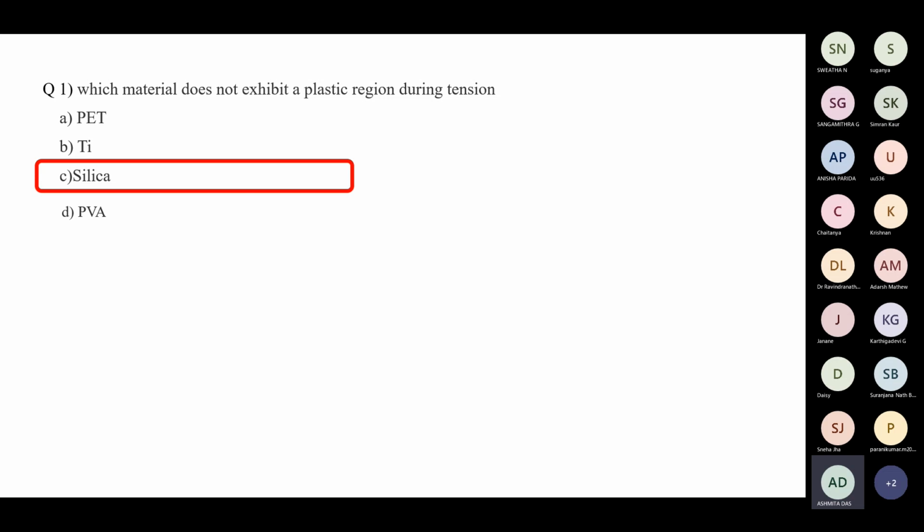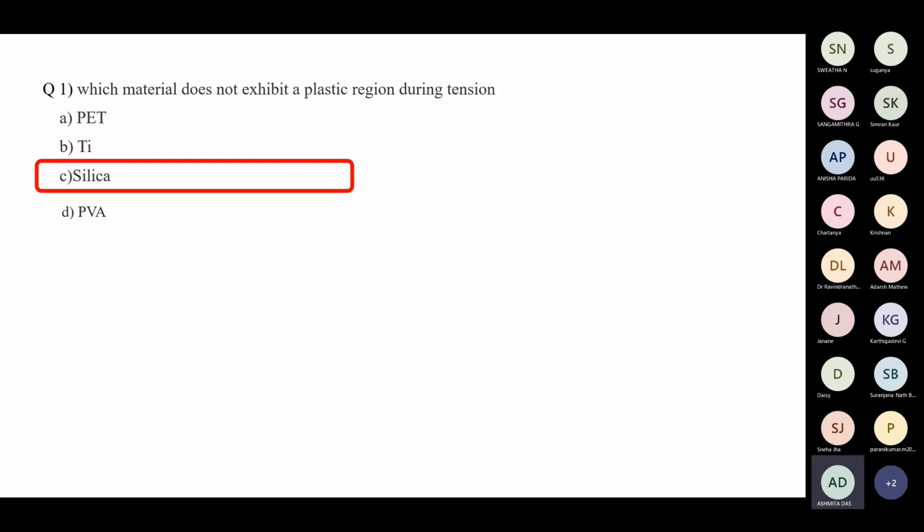So there are stress versus strain graphs for all the materials given in the options. First, the PET. PET has a very big deformation region, or plastic region. In the case of TC, it also has a plastic region, because after point A, if we put stress, it cannot get back to its actual state.